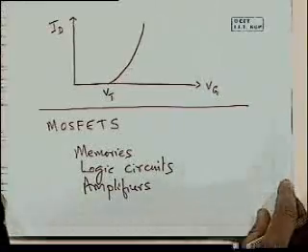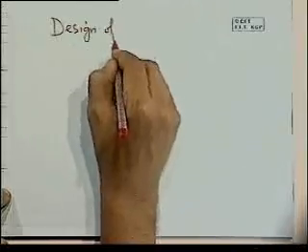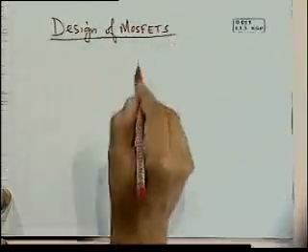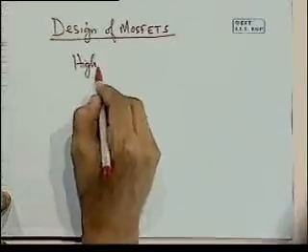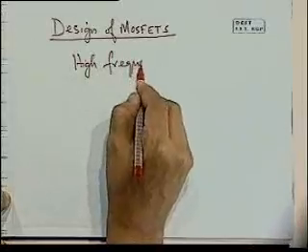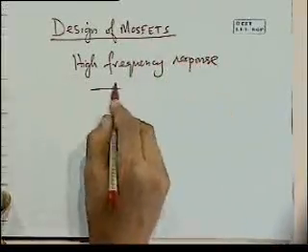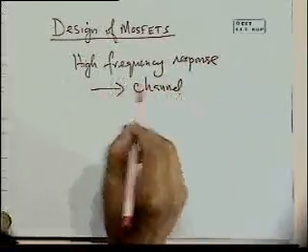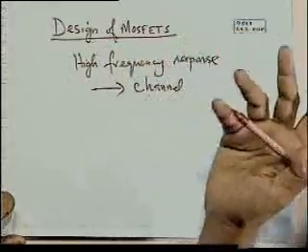Again, when we think of the design of MOSFETs in general, one of the things that remains true as compared with the BJT also is that to get a high frequency response, channel length must be small. The time that it takes to go from source to drain, there it was from emitter through the base region, from emitter to collector.